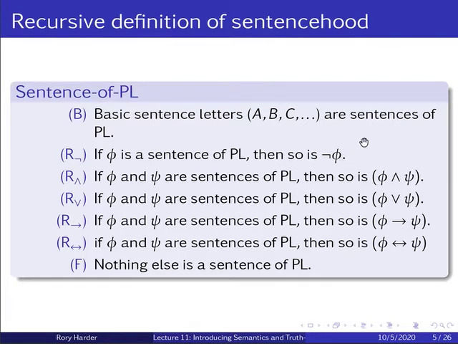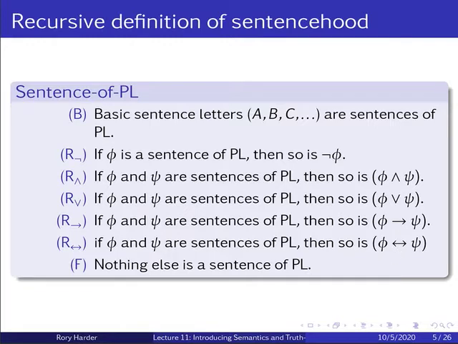And then if you have a negated sentence, not A, you can then create its negation. So you could have, for instance, not not A. And you can keep on applying this rule to add negations to any sentence that you can construct using these rules. And similarly, we have recursive rules for building conjunctions, disjunctions, conditionals, and biconditionals.